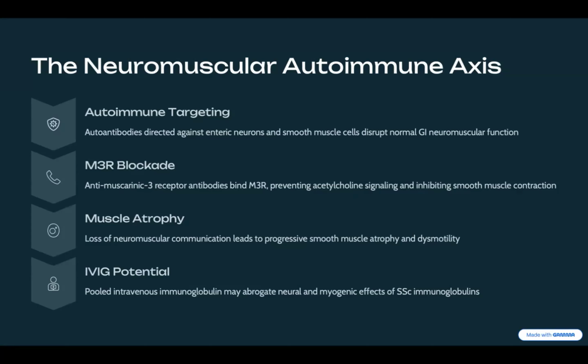There are a few trials going on giving IVIG for patients with significant GI manifestations, and they say that IVIG works more by reducing the autoimmune burden and thereby improving the outcome. But it also suggests that maybe it's an immune-mediated neuronal attack rather than a direct fibrosis which is happening.